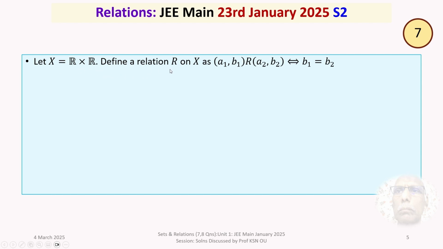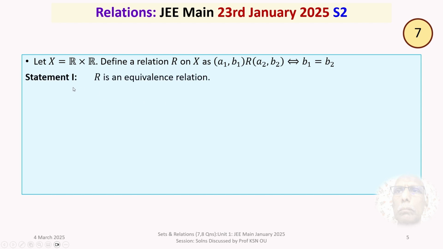Define a relation R on X as the ordered pair A1, B1 is related to A2, B2 if and only if their second components are equal. That is, if and only if B1 is equal to B2.